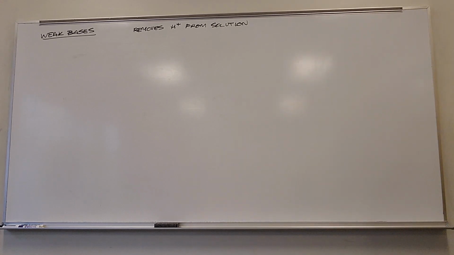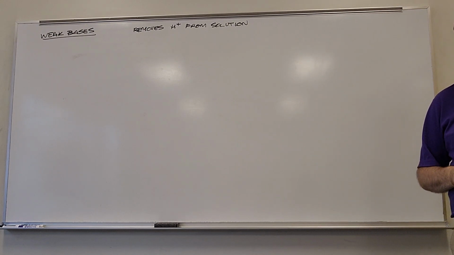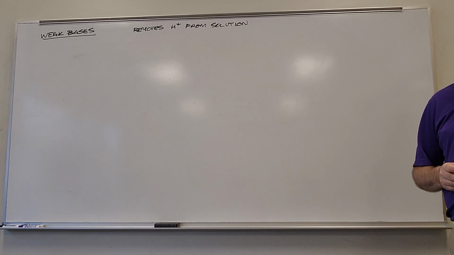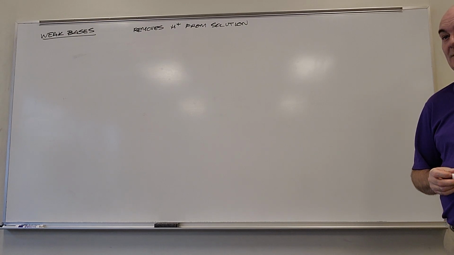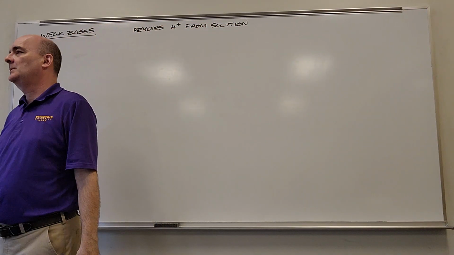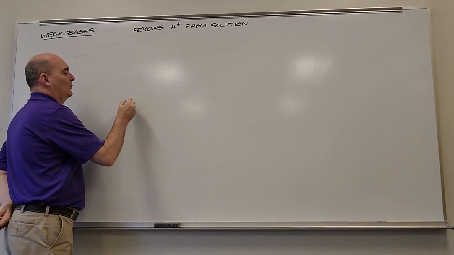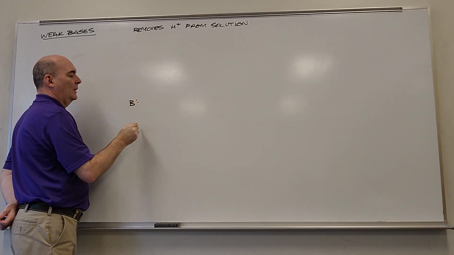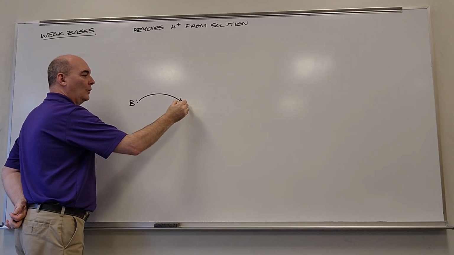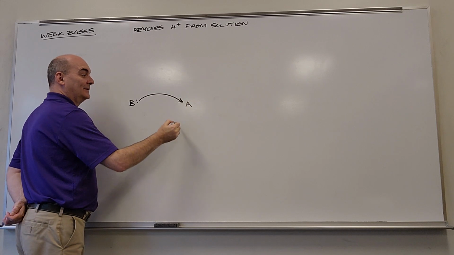And then Lewis says that an acid is an electron pair acceptor, and a base is an electron pair donor. In disciplines like organic chemistry, the base will have a lone pair of electrons, and it's the thing reaching out and grabbing hold of the acid.